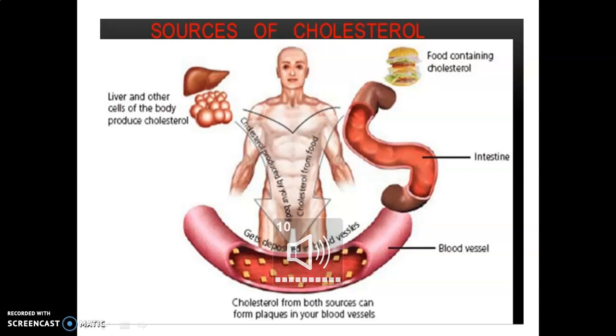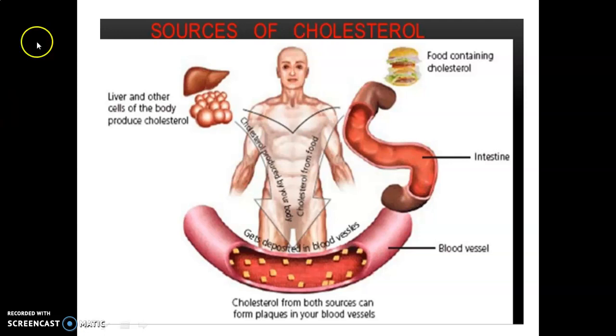Now, what are the sources of cholesterol in our body? We get it from two sources. First, the liver and other cells of the body produce cholesterol, or we get it by eating food containing cholesterol. Cholesterol from both sources can deposit in the blood vessels and form plaques.